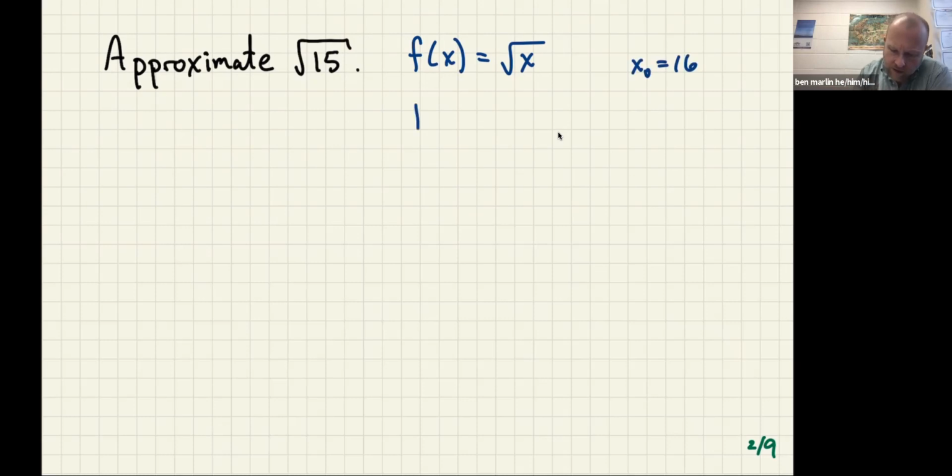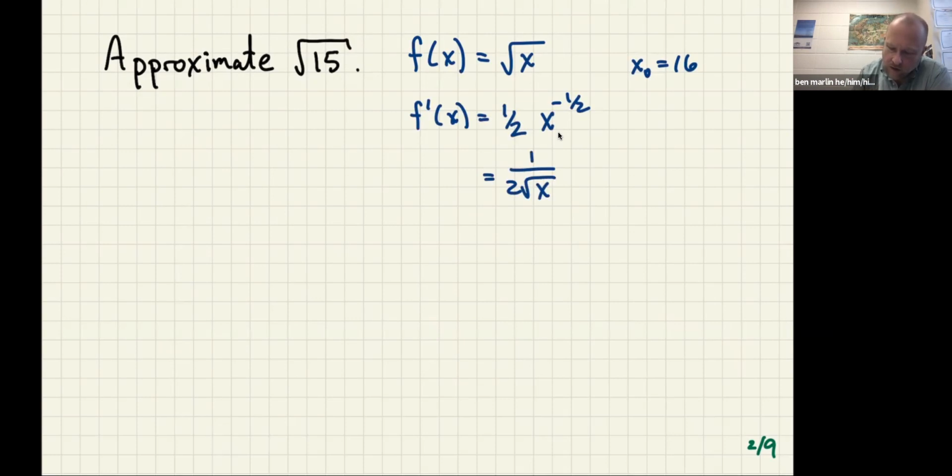So now to continue on here, we're going to have to figure out f prime of x. Remember that square root of x is really x to the 1/2 power. So the derivative is 1/2 x to the minus 1/2 power, or in other words, 1 over 2 square roots of x.